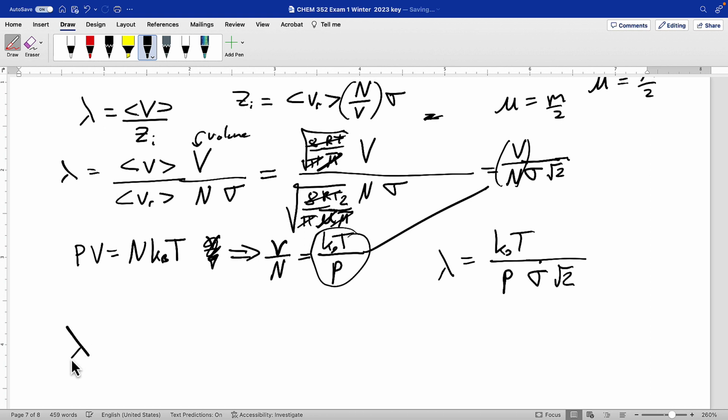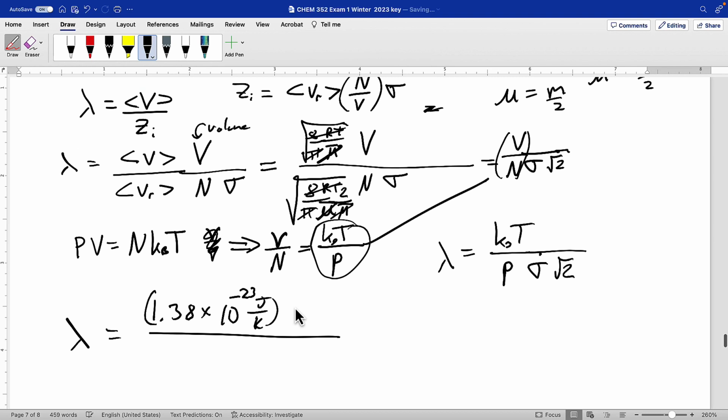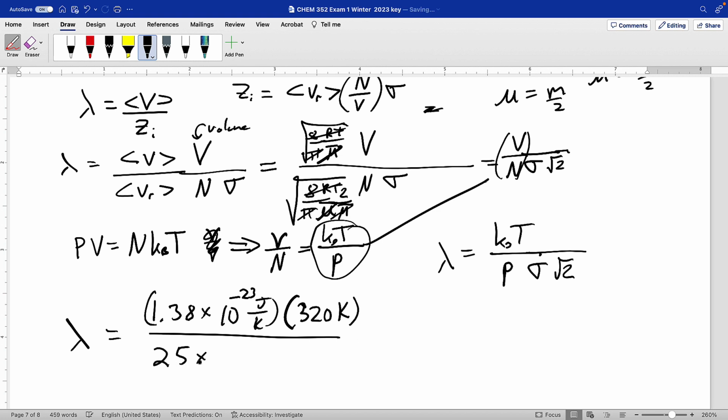So for the mean free path, we've got 1.38 times 10 to the negative 23rd joules per Kelvin. We are working at 320 kelvins, and we're also working at 25 bars, so we'll put this into SI units: 25 times 10 to the 5th pascals.